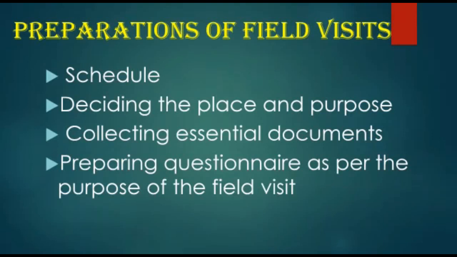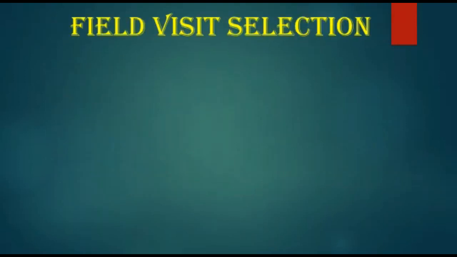Then we have preparing questionnaire as per the purpose of the field visit. Preparing a questionnaire includes a set of questions. This set of questions helps us to gather more information about a selected place. Geographical field visit is organized for study of various elements.